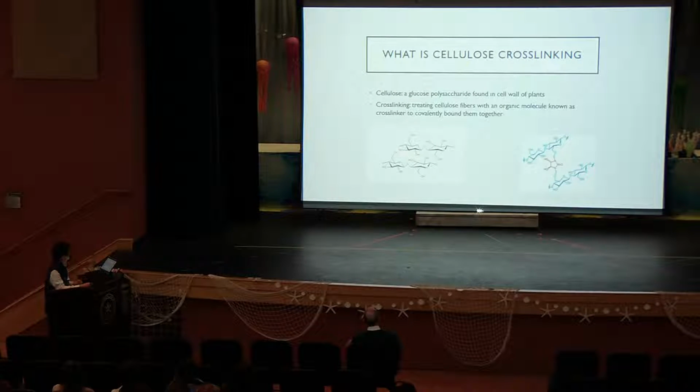They are attracted to each other through a hydrogen bond, but they are not covalently bonded. And if we add this red thing in the middle, this is our DMDHEU cross-linker. It can covalently bond two independent chains of cellulose polymer together, so their bond is stronger and they are harder to wrinkle.